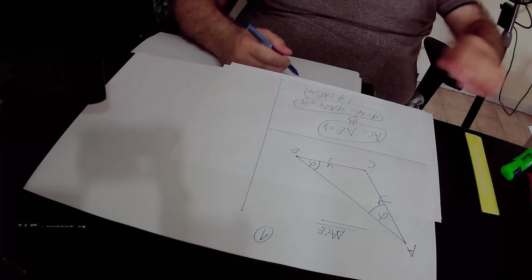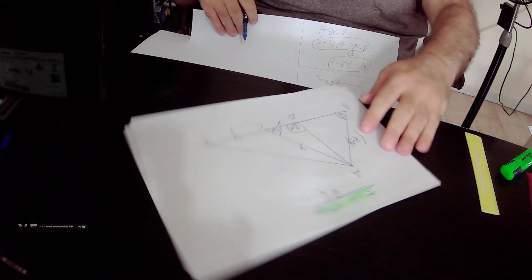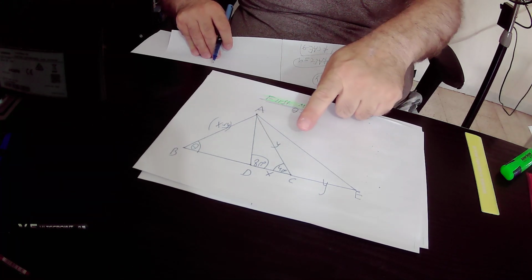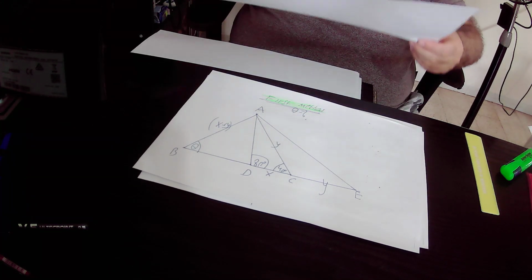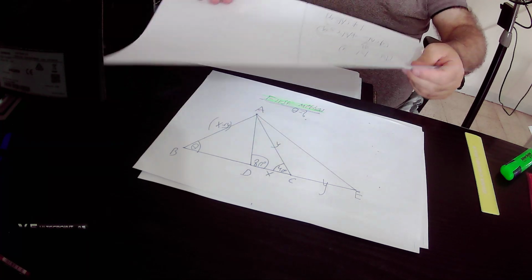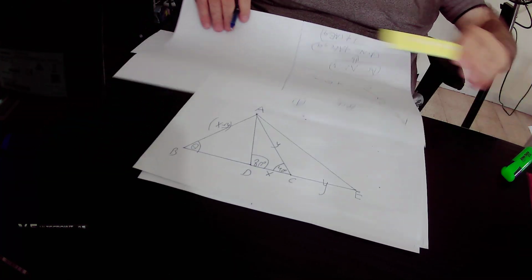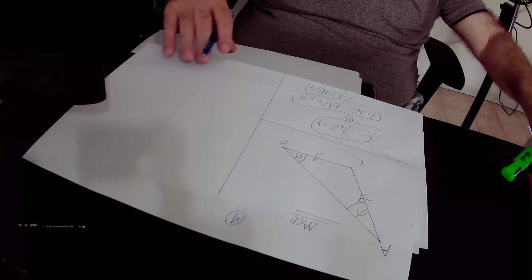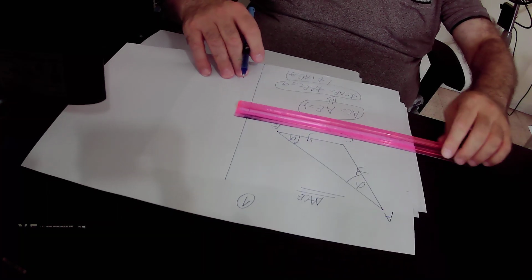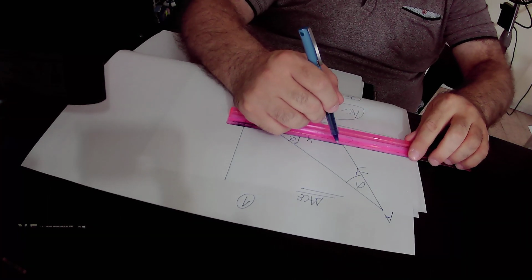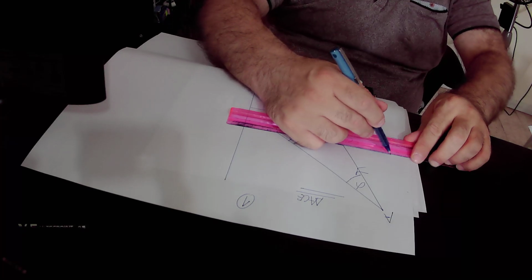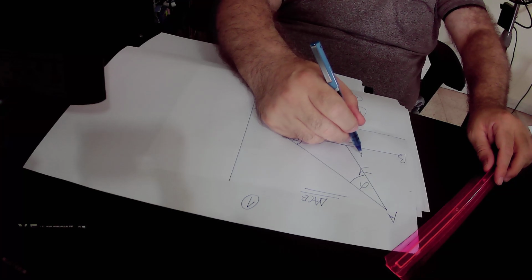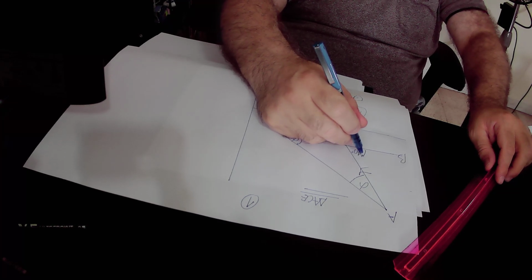And here I will copy angle ACB in here, and we know that angle ACB equals to 40 degrees according to what is given in the question. That is equal to 40 degrees.